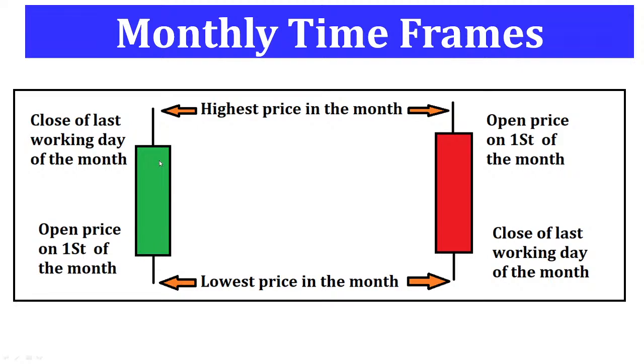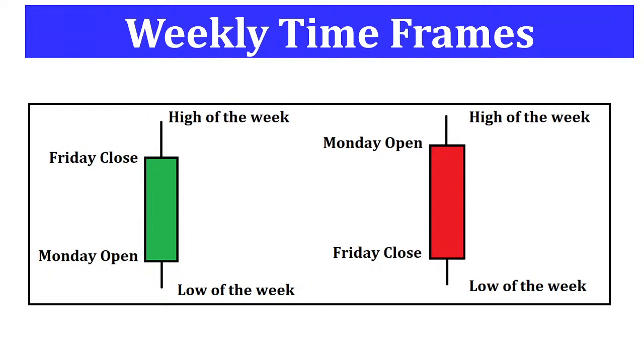If the candle color is green, it tells me that the stock has opened lower in that month and closed higher. Similarly, if the monthly candle is red, it tells me that the stock has opened higher and closed lower in that particular month. Similarly, weekly chart would refer to taking into consideration the weekly data.